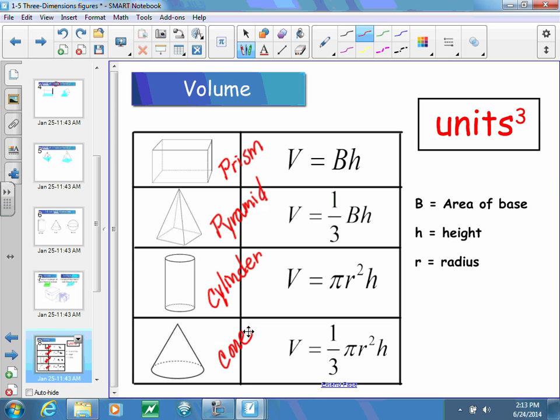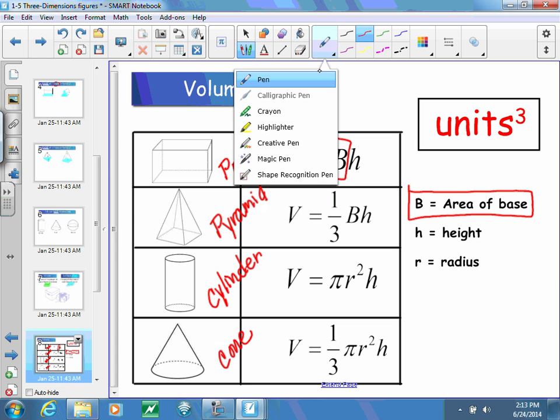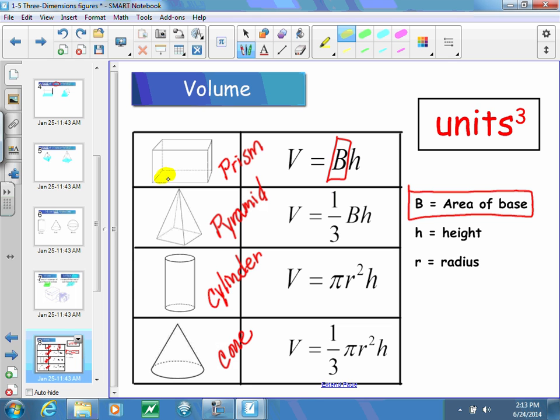So for a prism, the volume is equal to capital B times H. Capital B is the area of the base. Now you have to think to yourself, okay, what's the base? The base is one of the sides that's parallel to the other. It could be a rectangle, it could be a triangle.